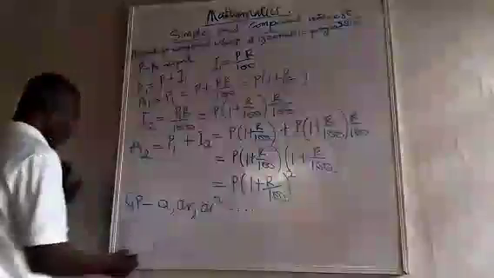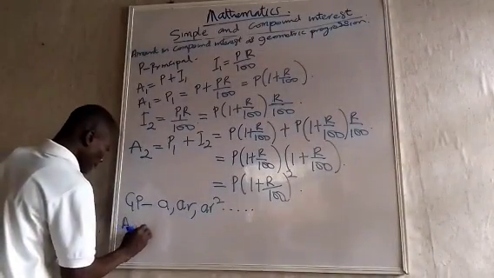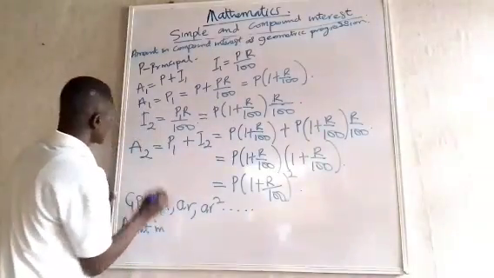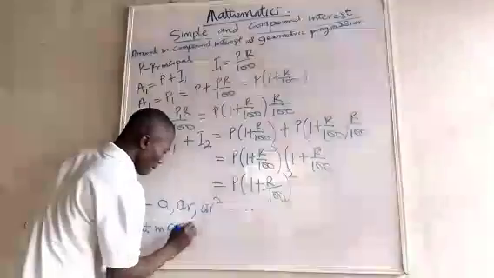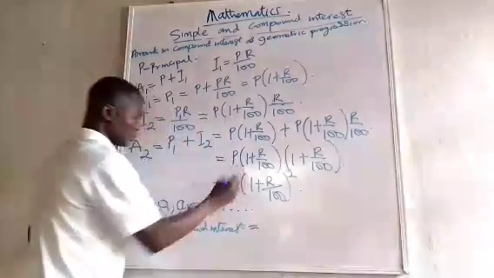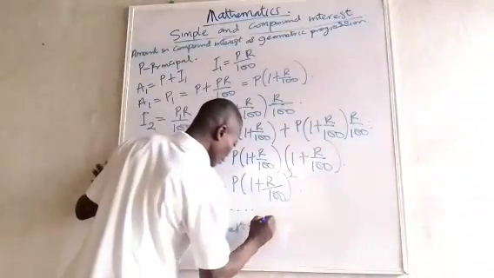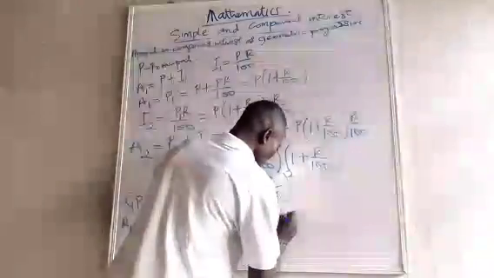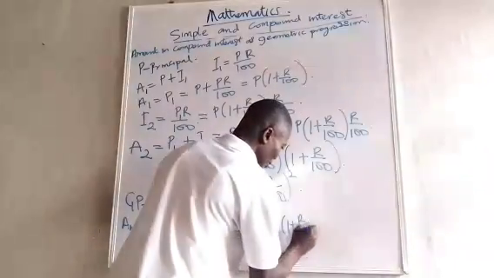So let's look at this. Amount in compound interest will be equal to P. After 1 year, we are going to have P into 1 plus R over 100.